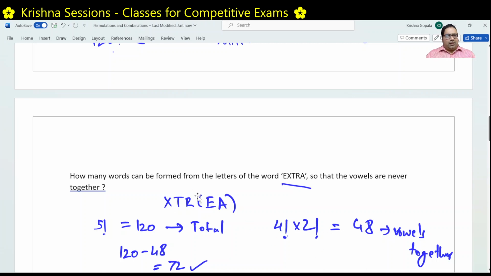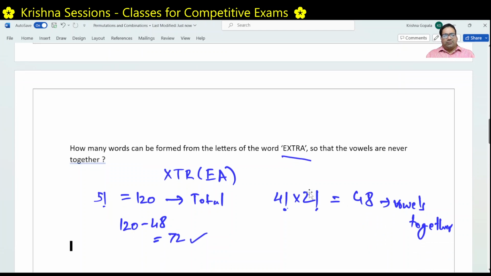So first we order the 4 in 4 factorial ways, and after that, each of these ways can be ordered E first or A first, into 2. So that is 48. 48 are the permutations where E and A will be together.